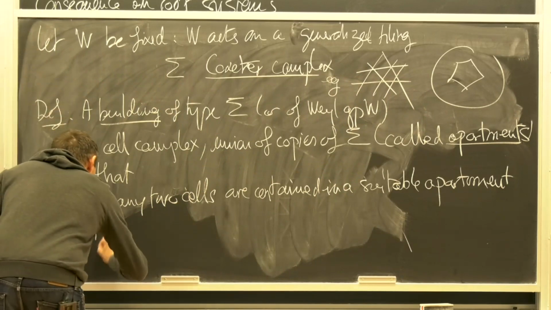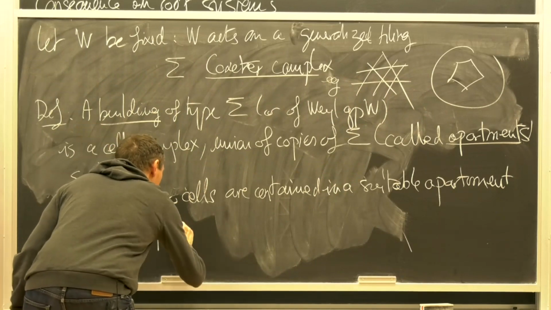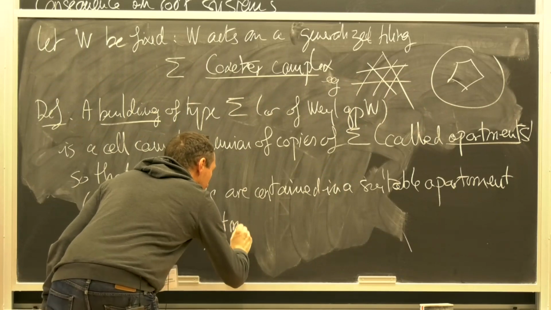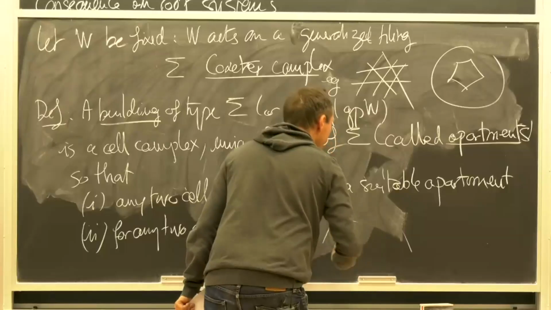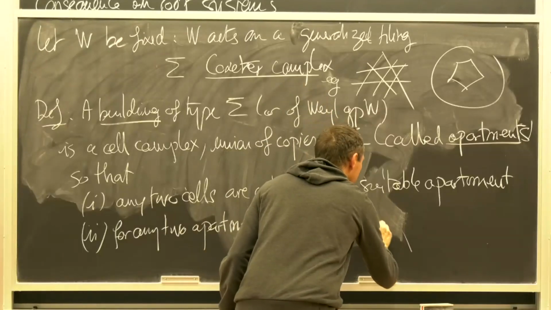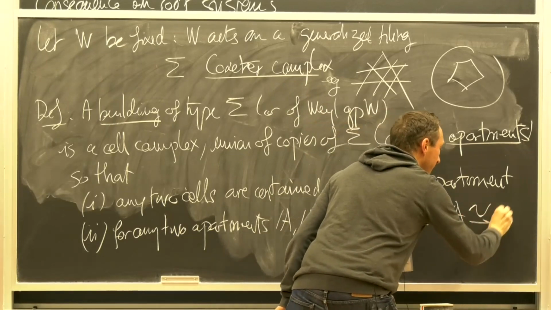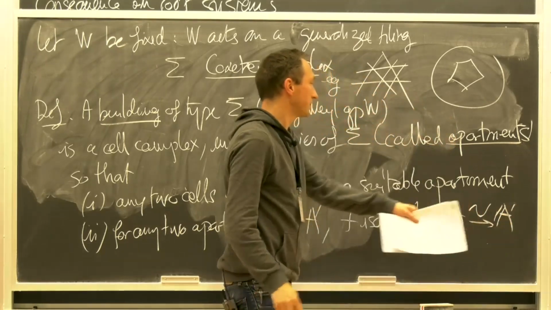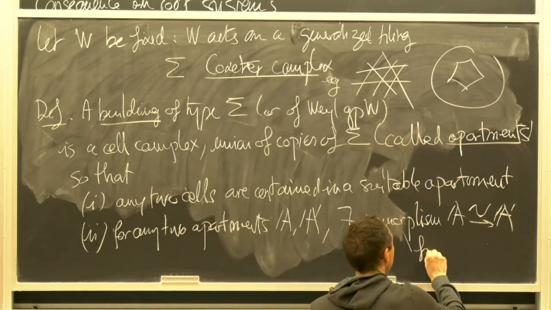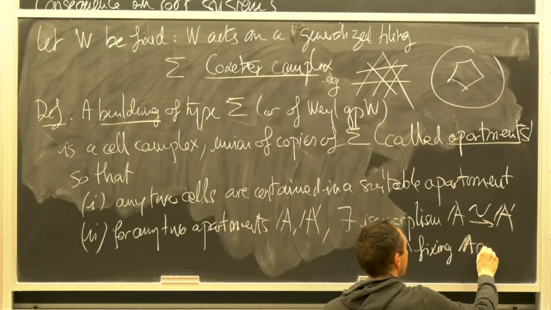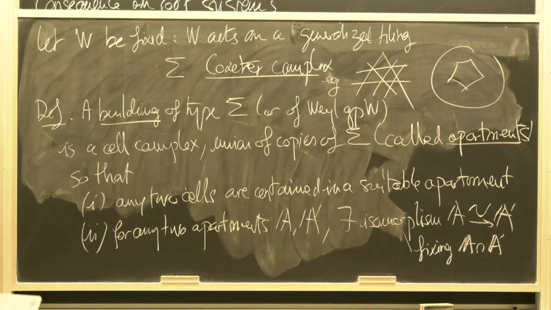And there is a dual axiom in some sense, which is that for any two apartments A and A prime, there exists a cell isomorphism, a tiling isomorphism if you want, between A and A prime. Not a big deal because I assume that each apartment is isomorphic to sigma, but the point is that this isomorphism fixes the intersection. It takes into account the way the apartments are embedded in the whole space.